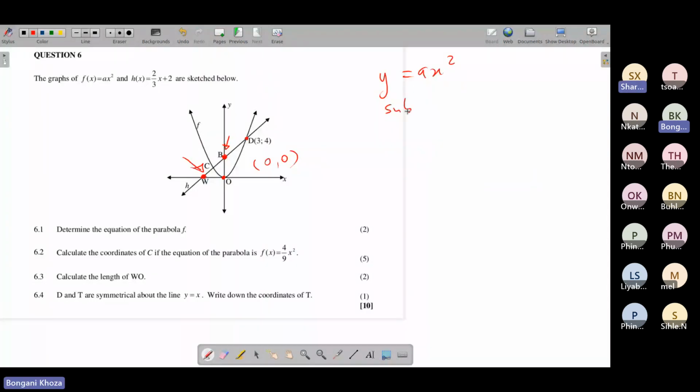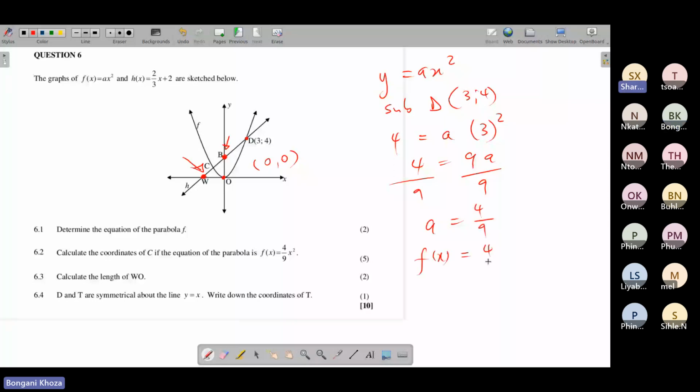So sub point D, which is 3 and 4. Wherever I see y, I'm going to plug in 4. Wherever I see x, I'm going to plug in 3. So here I end up with 4 equals 9a. I divide by 9 both sides. I end up with a equals 4 over 9. So that means the equation of f of x is just 4 over 9 x squared. So this is the actual equation.